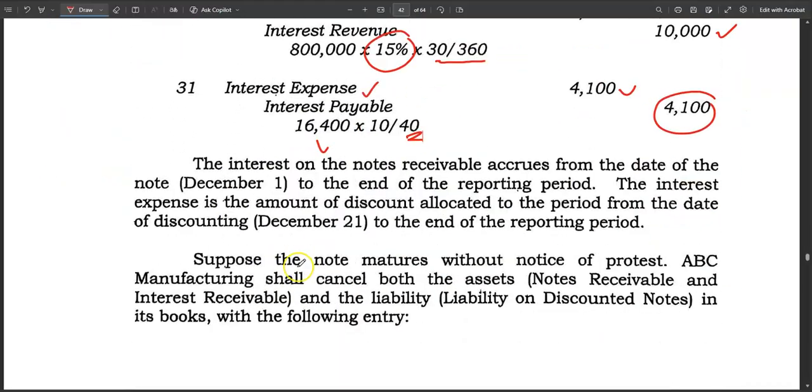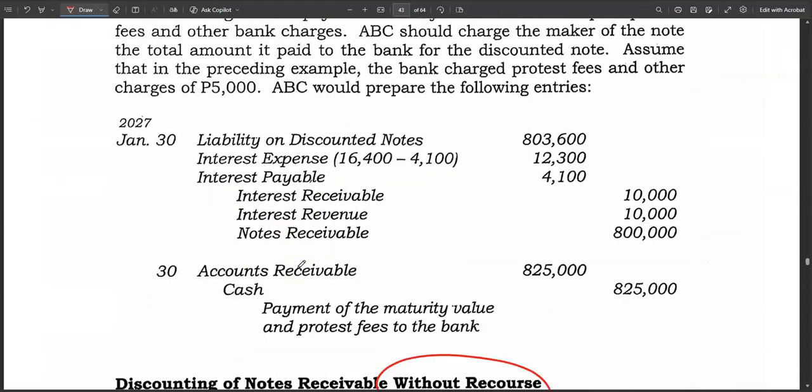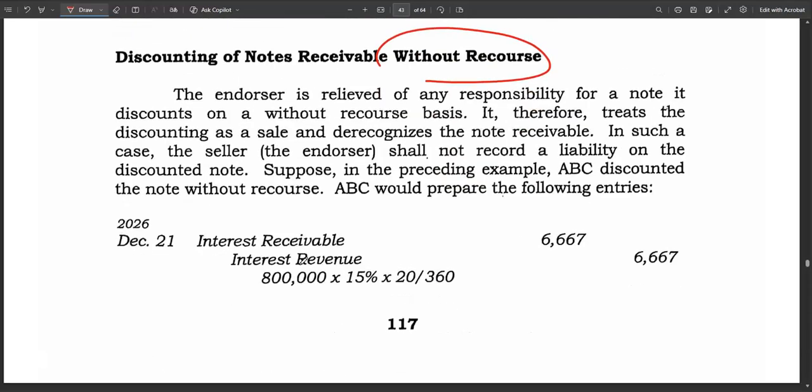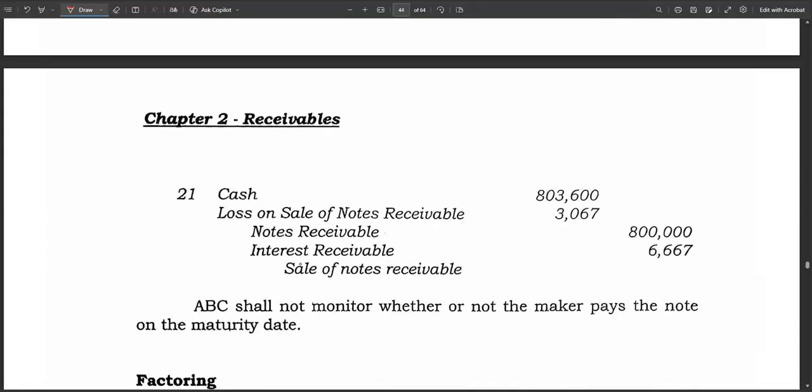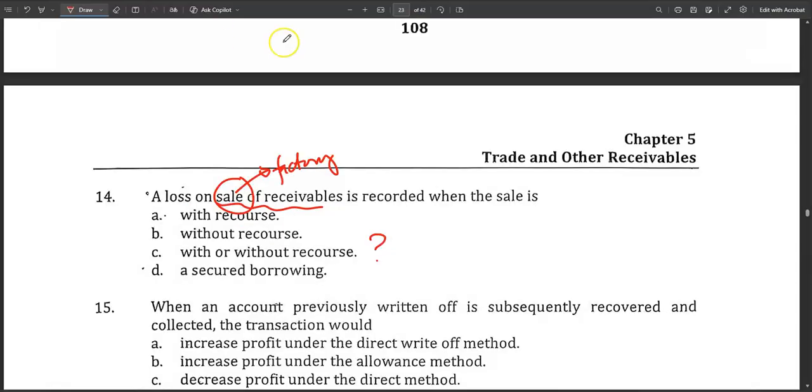However, in without recourse, no liability is recorded. Instead, there is an outright recognition of the loss on the notes receivable. So my answer here is without recourse. There is a loss on the receivables because that is an outright sale. That's the explanation for that.